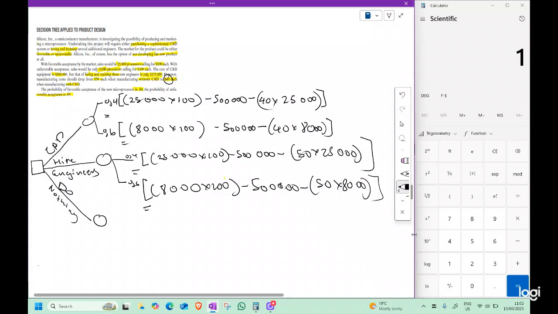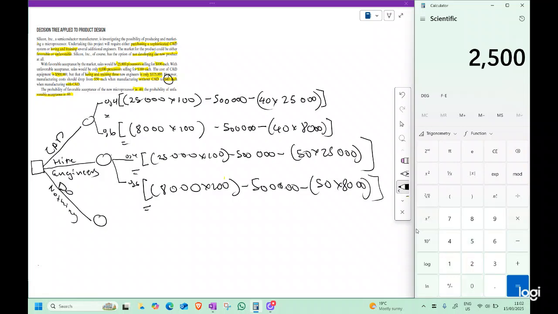And now we are going to punch in our information. We start with clearing our calculator, obviously. 25,000 multiplied by 100 equals 2.5 million, minus 500,000 equals 2 million, minus open bracket 40 multiplied by 25,000 close bracket, and my answer is 1 million.